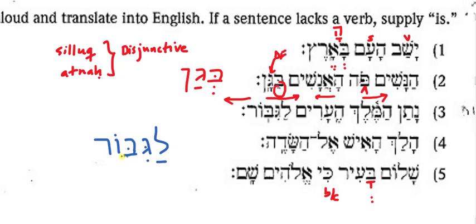Okay, so lagibor. Tell me about the dots. This gimel has what kind of a dot? Dagesh forte. The bet has a... Now, these are both begadkefat letters, aren't they? Shouldn't you tell me that these are dagesh lene then? Why not? Because vowels precede both.